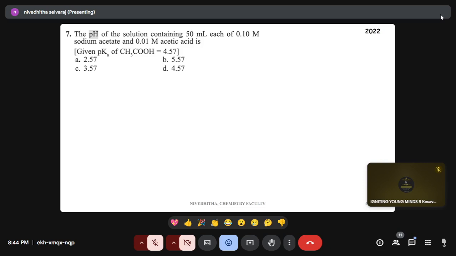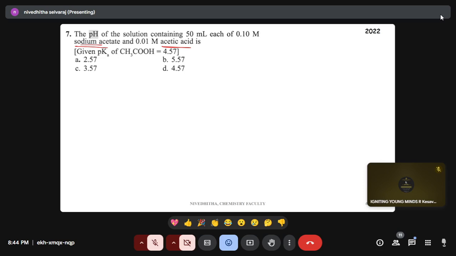Yeah, kind of. But is there any pH related concept we have studied in common ion effect? I want you to tell the specific subtopic. Very good, buffer solution, because here the combo is a weak acid and its conjugate base. So they are talking about an acidic buffer.